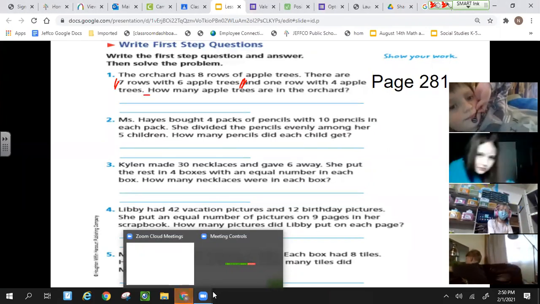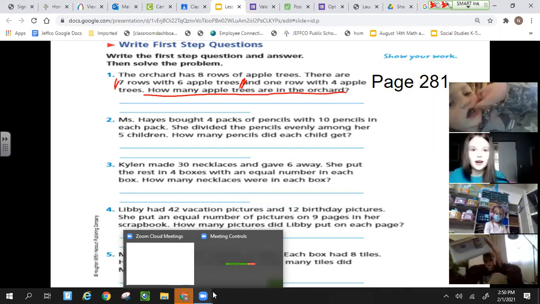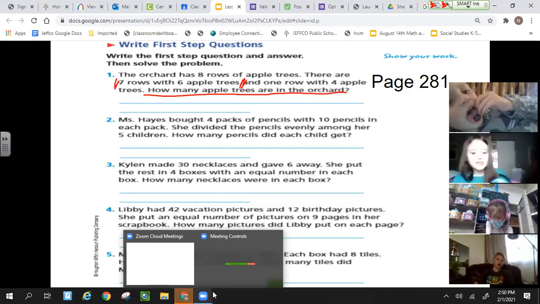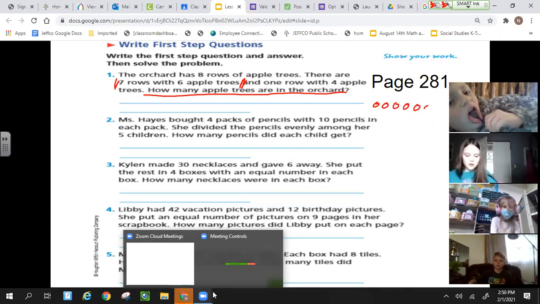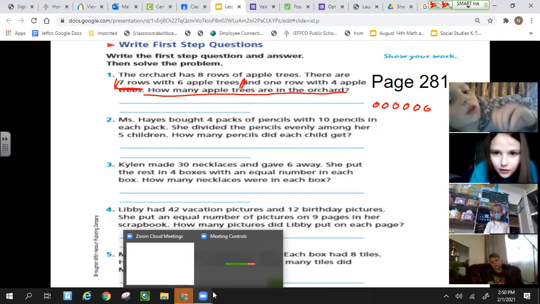Because we're going to have to find out how many apple trees are in the orchard altogether. Well, first, how many are there in the 7 rows with 6 apple trees in each? Let's go ahead and draw a picture. You guys ready? 1, 2, 3, 4, 5, 6, right? That's 1 row of 6. How many do I need? How many rows, Paxton?